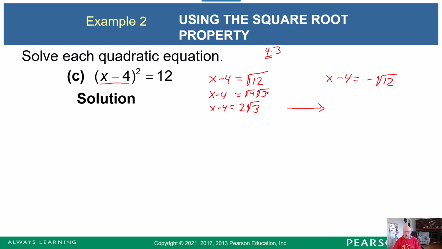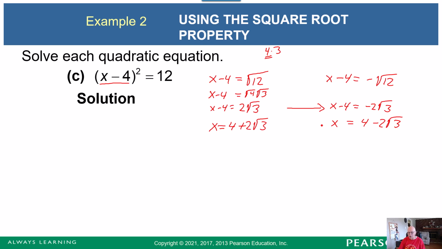We've done the hard work. This x minus 4 will equal negative 2 square root of 3. So finish this up, add 4 to both sides, and one solution is 4 plus 2 square root of 3. And over here, x equals, you can see what's going to happen. It's very similar. 4 minus 2 square root of 3. You've got your two solutions.